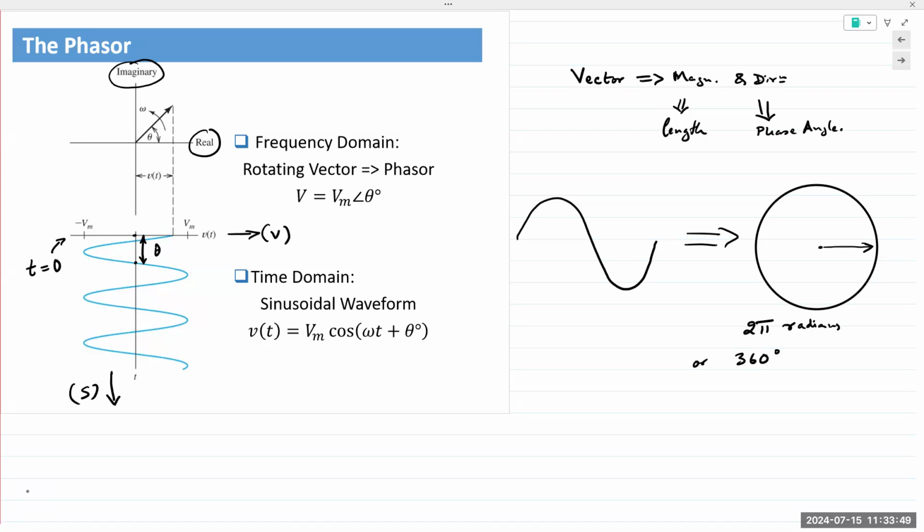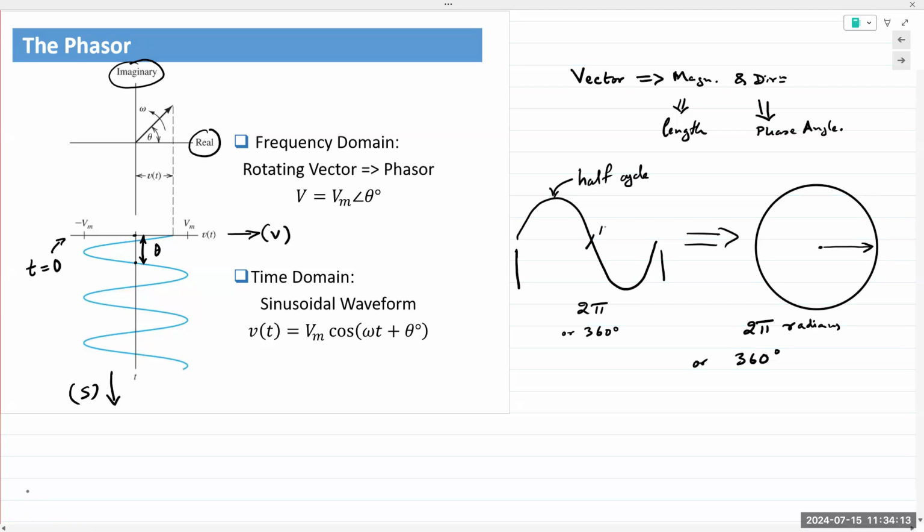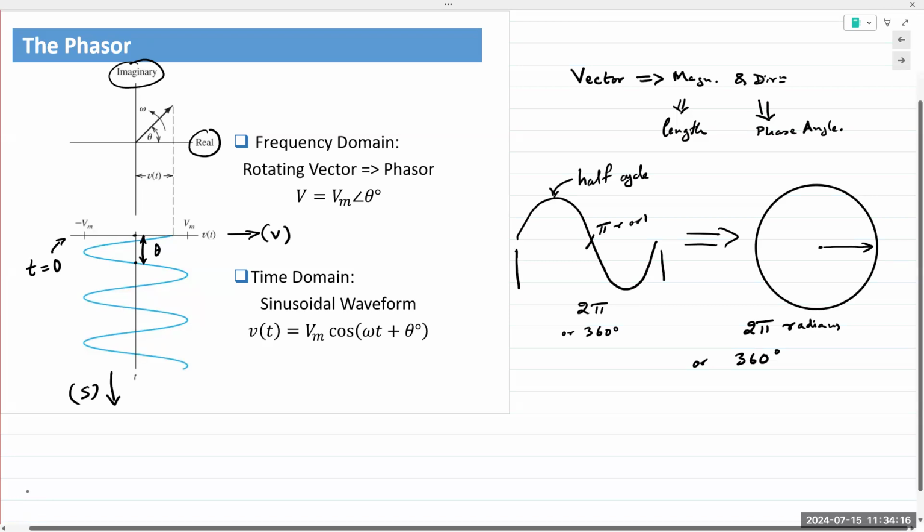So one full time period is 2 pi radians or 360 degrees. A half cycle is pi radians or 180 degrees. And a quarter cycle is pi by 2, or 90 degrees.